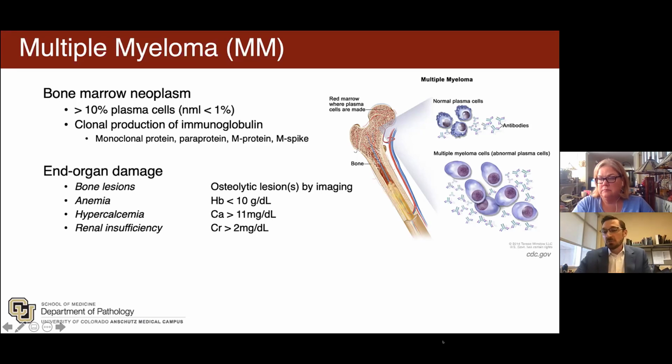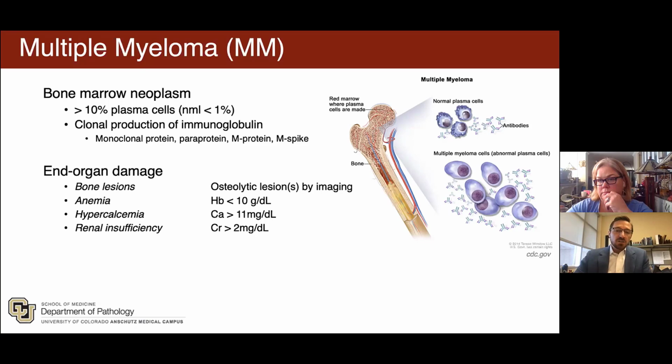However, in multiple myeloma, you have clonal expansion of an aberrant plasma cell that is no longer useful, and this does a number of things. First, it results in clonal production of a single protein. As opposed to having many different types of immunoglobulin, you now only really have one, which is not very helpful. In multiple myeloma, you also get a lot of end organ damage, one of the defining criteria for this disease.